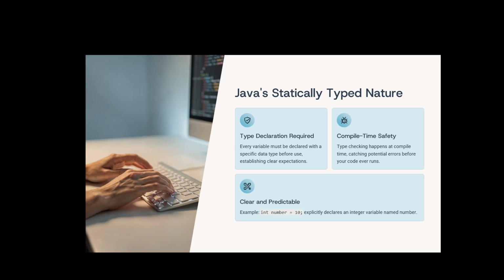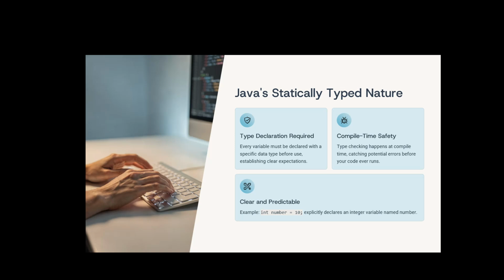If we talk about Java's statically typed nature, these are certain features that we must understand about Java. In Java, type declaration is required. Every variable must be declared with a specific data type before use, and this establishes clear expectations.